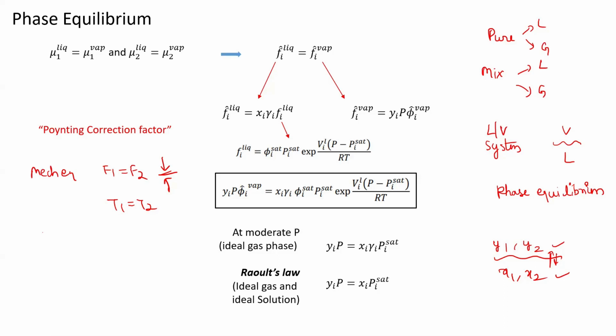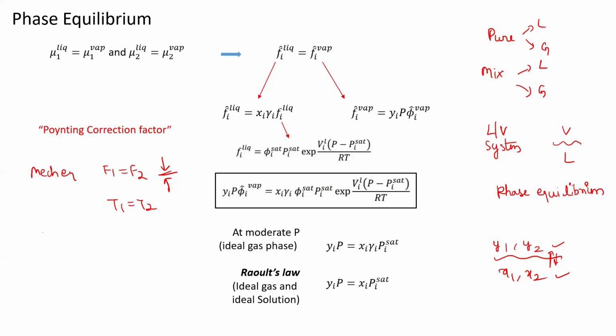Xi Fi is the ideal situation, when the fugacity of the species in a mixture is given as the mole fraction times the pure species fugacity. Similarly for the vapor, phi hat vapor into yi P, in the case of an ideal gas mixture.